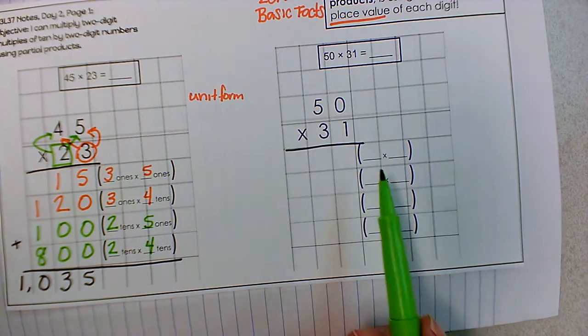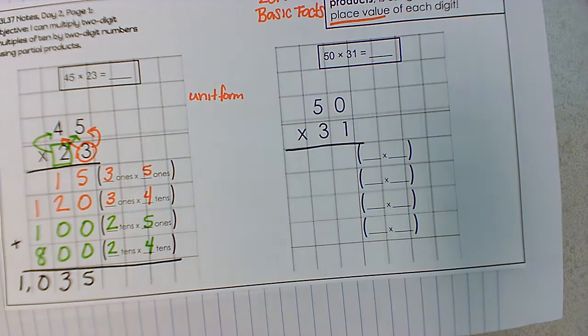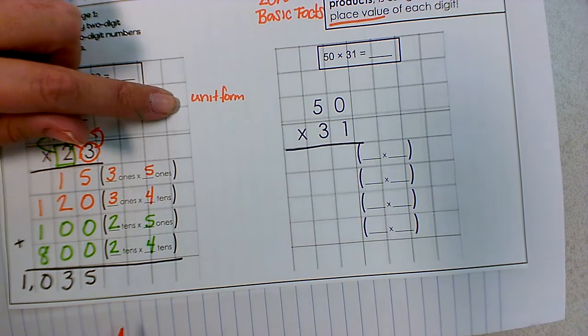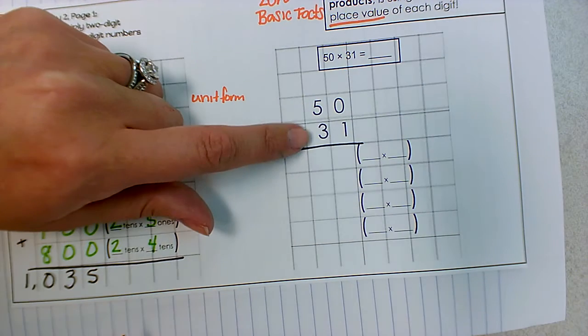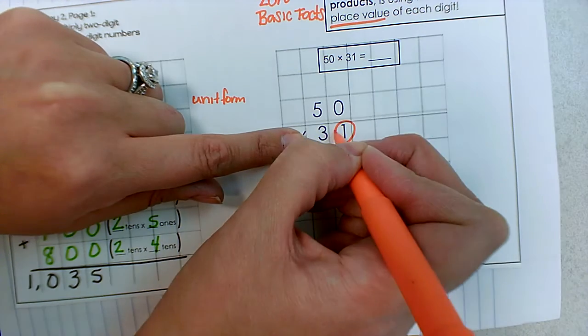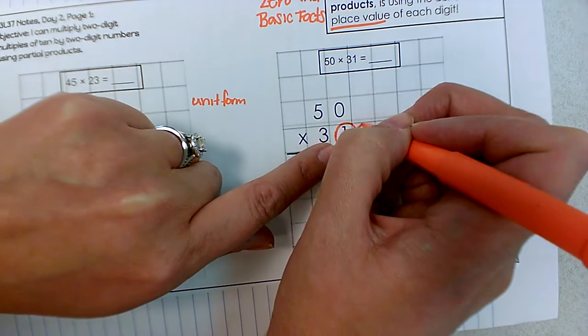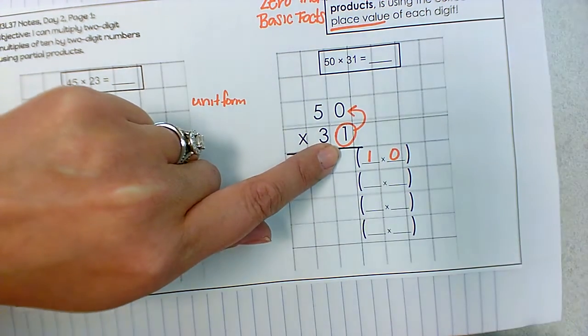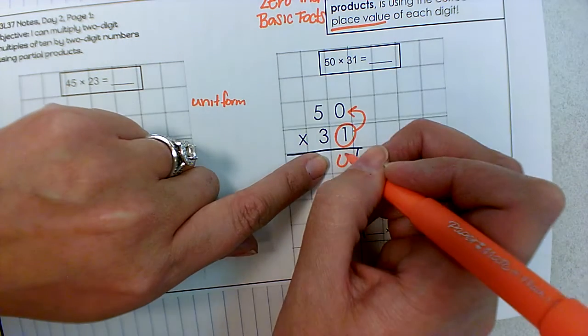This time you'll notice that in our parentheses I am just going to be looking at the value of each digit without that place value word, without our unit form. Okay, so I have 50 times 31. So I'm going to start with this digit down here at the bottom, and I'm going to say 1 times 0. 1 times 0, and I know that is 0.